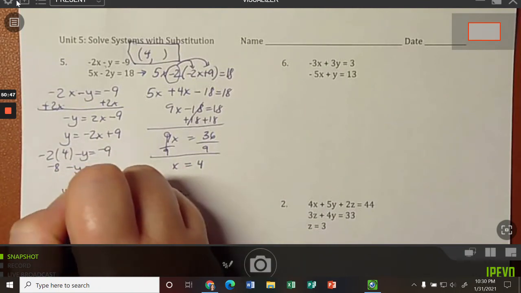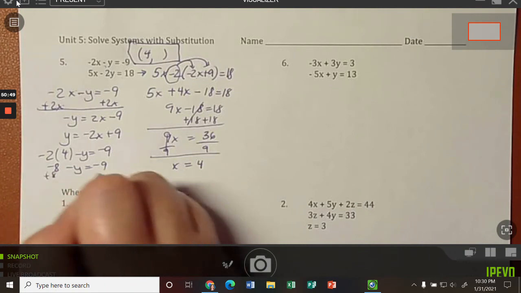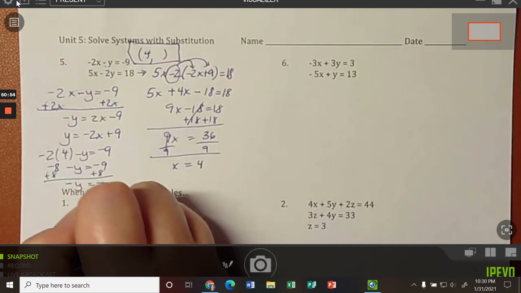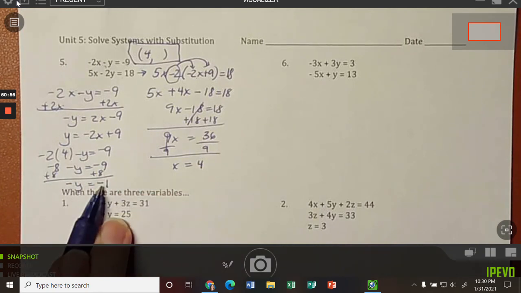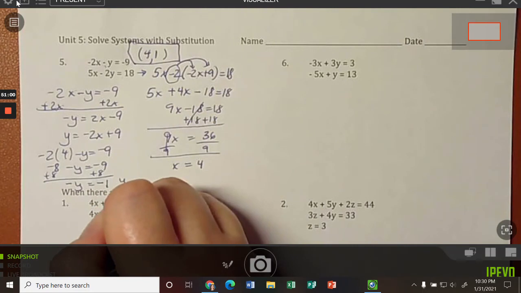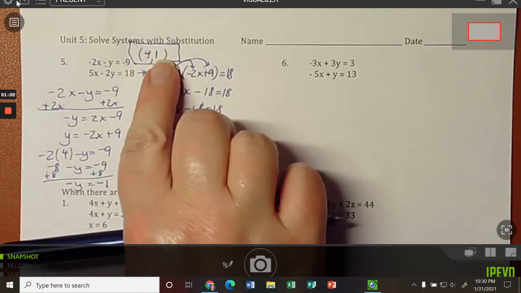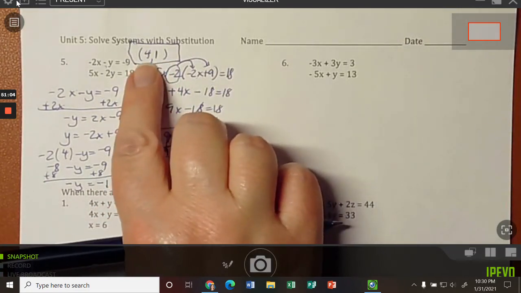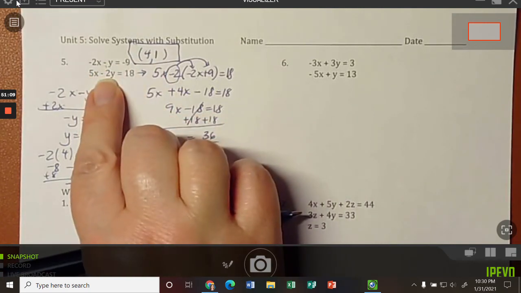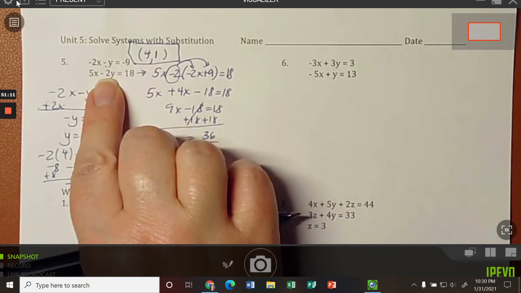Minus y equals negative 9. Add 8 to each side, and we get negative y equals negative 1. If a negative y is a negative 1, then a positive y is a positive 1. So y equals 1. And again, you would do a check step to make sure that this ordered pair satisfies not just one of the equations, but both of the equations. You would do a check step.